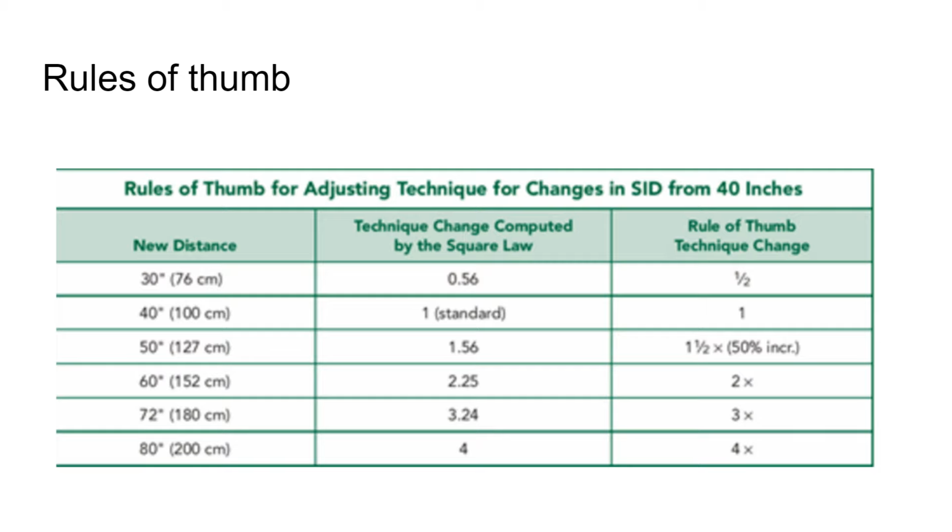It's never going to be so bad that you're going to be forced to use half of what you would originally use. And I can't imagine, 20 inches. Do you know how far away that is from the patient? That's like right on top of them. Okay? So that's probably not really going to happen.